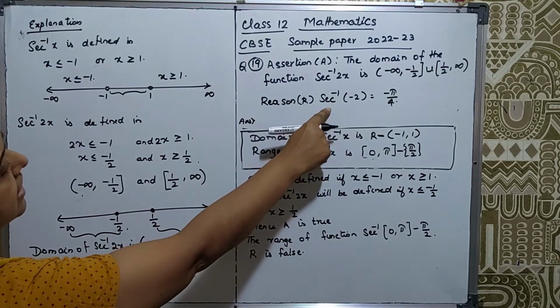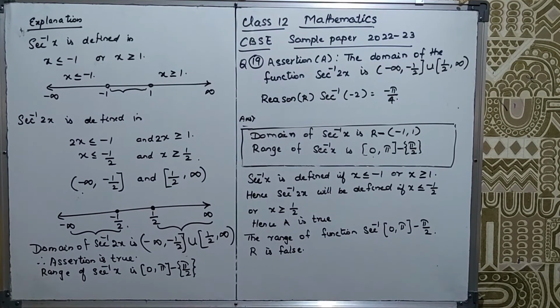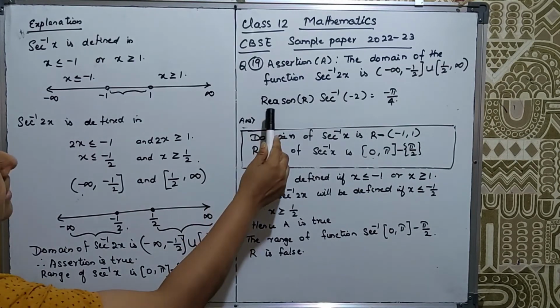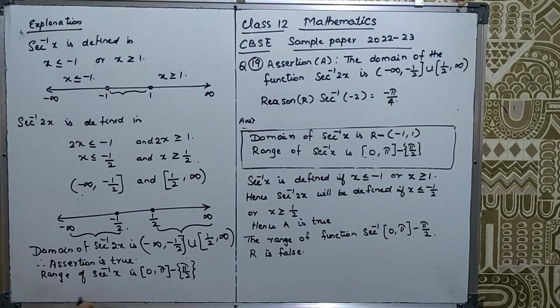But the given sec inverse minus 2, according to the given reason, is minus pi by 4, which is not an element of 0 to pi minus pi by 2.